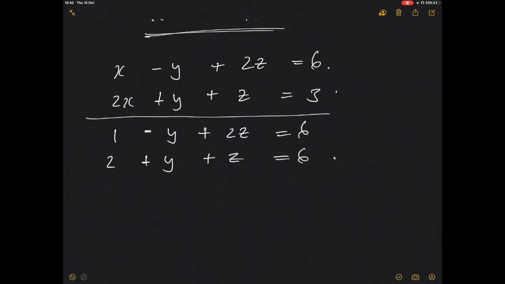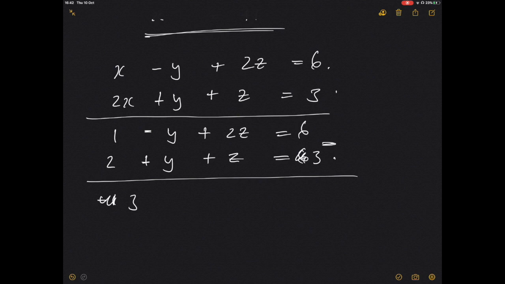So now we have another subtraction which we can do here. We can say 1 plus 2, which is 3, and if we add the two together, we'll get rid of the y's. So 1 plus 2 equals 3, minus y plus y, we've got rid of this. 2z plus z is 3z equals 6 plus 3, which is 9.